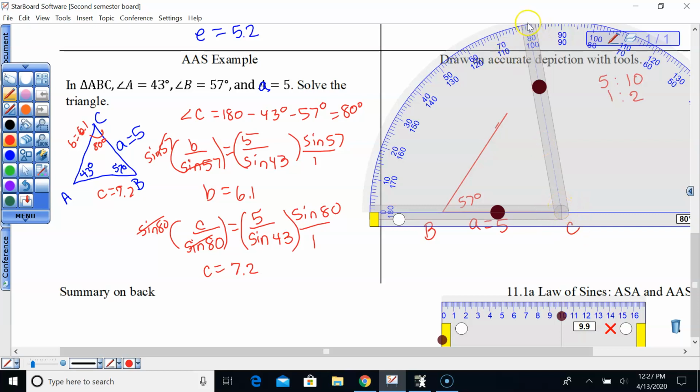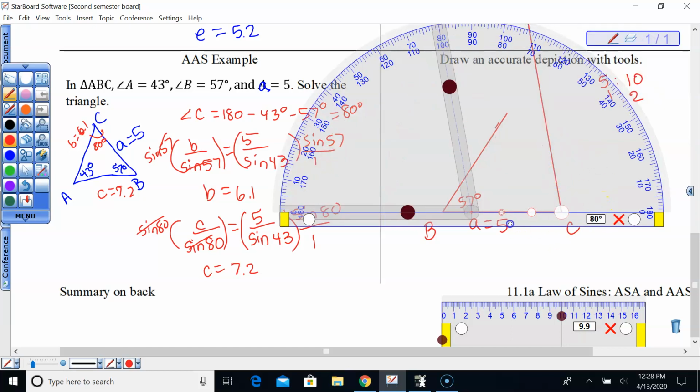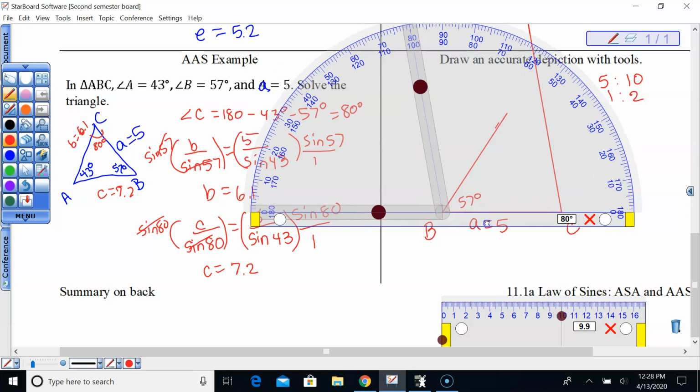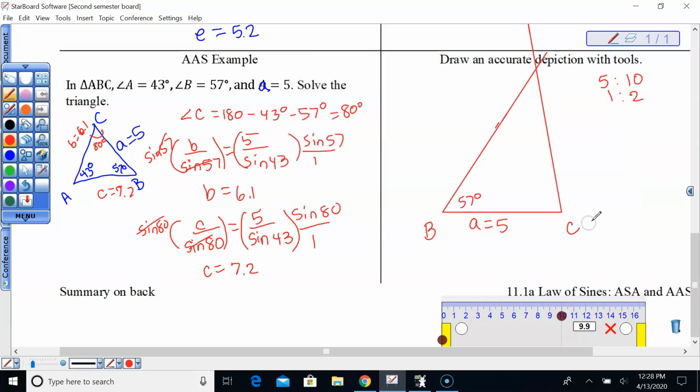So make a mark. And then use your ruler to make a straight line between that mark and the end of angle C. And I'm going to have to go back and extend the other side from B. So back to 0, back to 57, and extend that line out until I can get the two angle lines to intersect so I can see where the final point is.